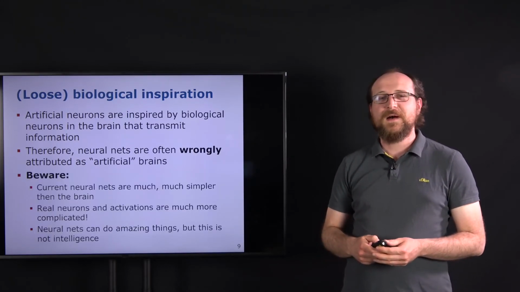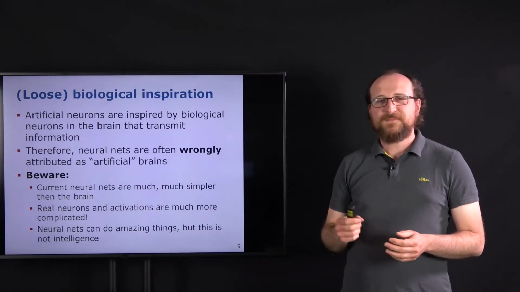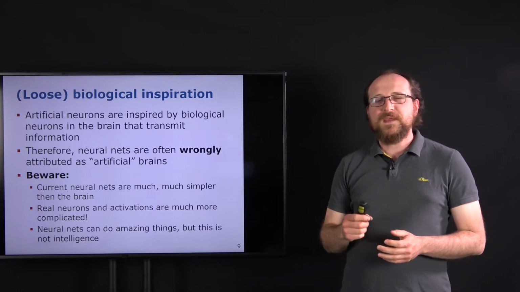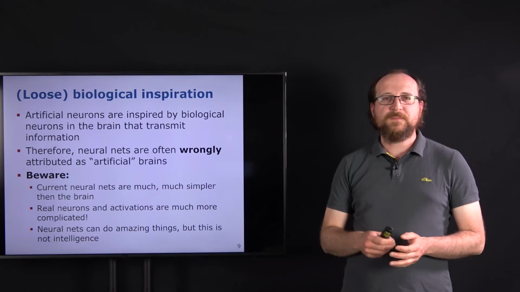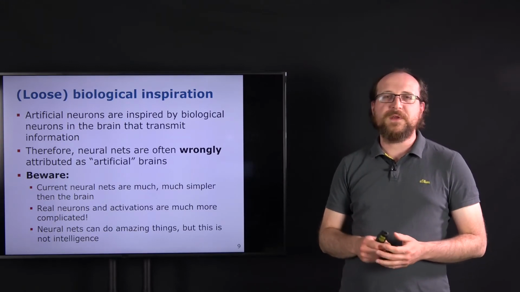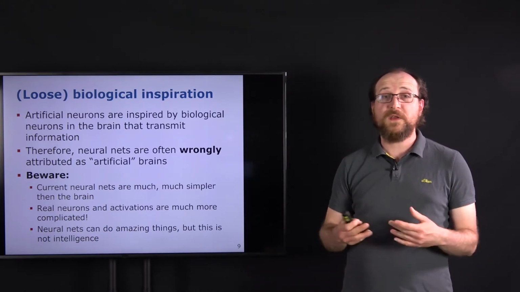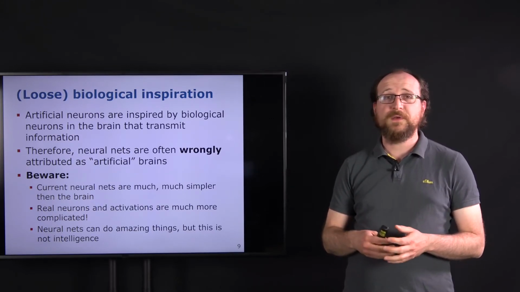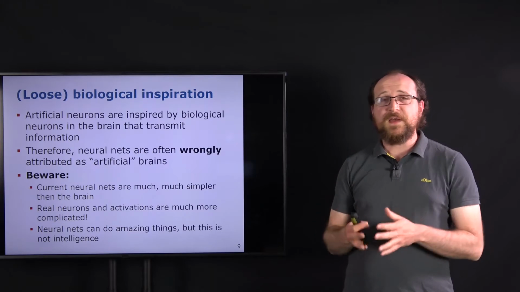So be aware that neural networks or convolutional neural networks take maybe some inspiration, but they are much, much simpler than the brain. And we don't know what actually happens in the brain, especially when you talk about the size of the networks.